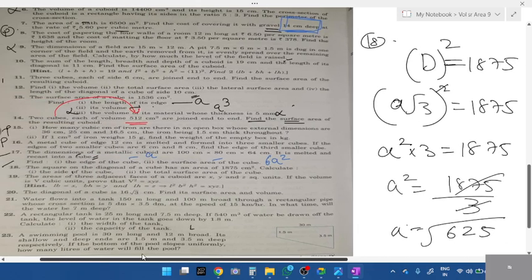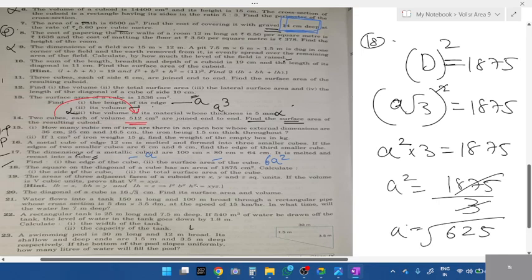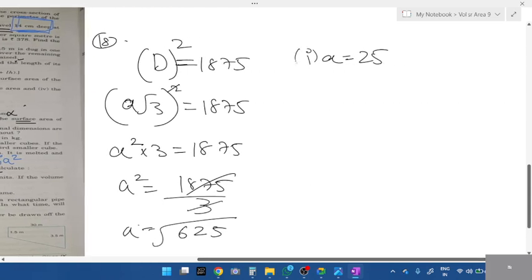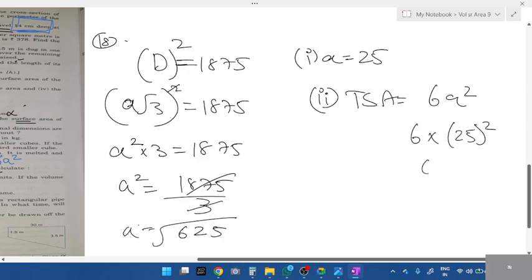Then what else we need to find? Be quick. Read the 18th one. Calculate the side of the cube. Did we get the side of the cube, students? A value is 25. After that, total surface area. What is the total surface area formula of a cube? Total surface area is 6 into 25 the whole square. 6 into 25 into 25.